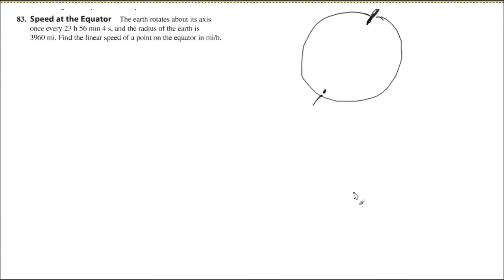And we want to find the linear speed of a point on the equator, somewhere down here, somewhere in Brazil. There is a building somewhere in Brazil on the equator, and you want to see how fast it's moving. If you're just looking from the sun or from the moon, it's kind of difficult to find a relative position in space to measure correctly, but you can look from the top of the North Pole, staring right through, through the satellite, and see how fast this point is moving.